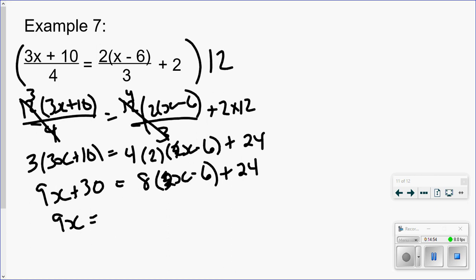I'm moving the 30 over. Plus 30 minus 30, so that's minus 6. 54. Okay, so a little bit more complicated, definitely easier to make a mistake, as I nicely demonstrated, but still very doable.